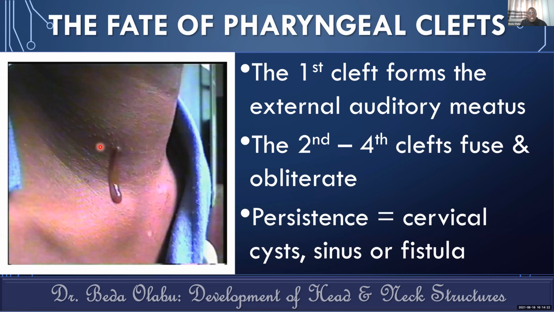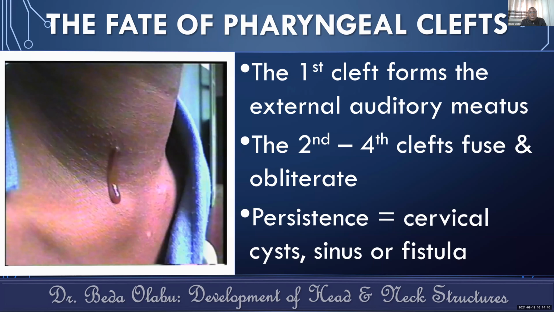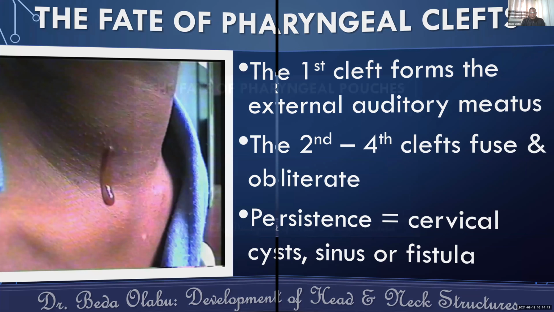Of importance, all of these malformations occur anterior to the sternocleidomastoid muscle. They are all anterior to the sternocleidomastoid muscle. That's the story about the pharyngeal clefts. Now let's talk about the fate of the pharyngeal pouches.